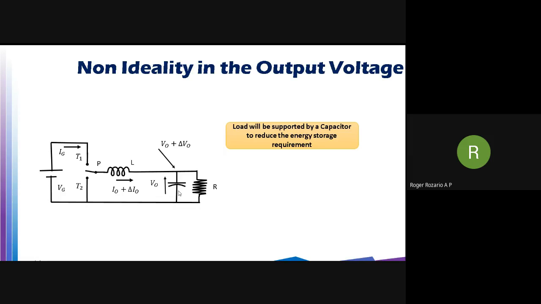In any DC to DC converter, on the load side, there will be a capacitor connected in parallel to the load, and it is because of this capacitor that the output voltage V0 is not continuous constant. There are some ripples in the output voltage V0, and this ripple voltage del V0 is called the non-ideality in the output voltage. Now we are going to quantify or derive an expression for del V0.